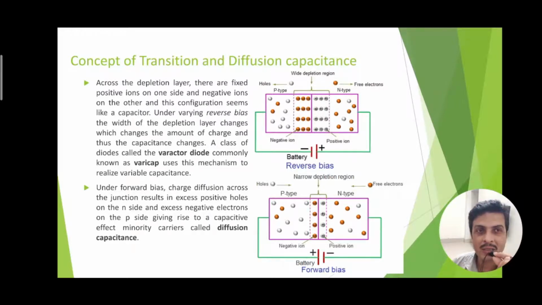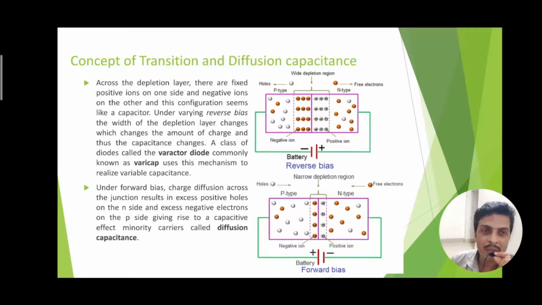Now under this condition, since the depletion region width is reducing, charge carriers, holes and electrons, can easily penetrate this depletion region and move to the other side. Before being recombined, these charge carriers are treated as minority charge carriers, because electrons are penetrating from the N side to the P side, and before being recombined they are moving into the P side as minority charge carriers.